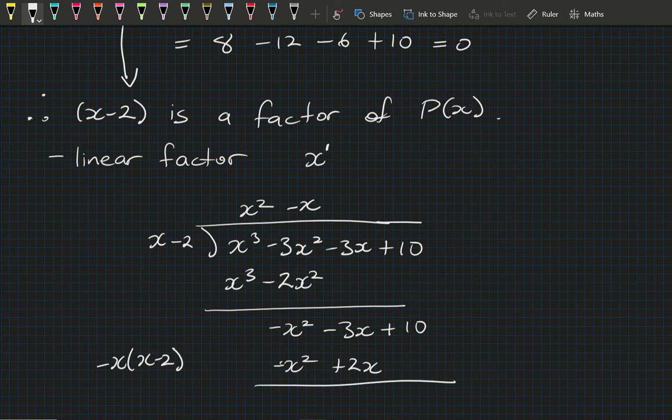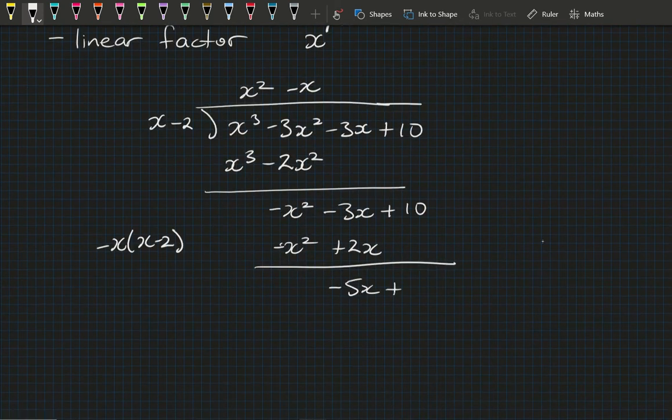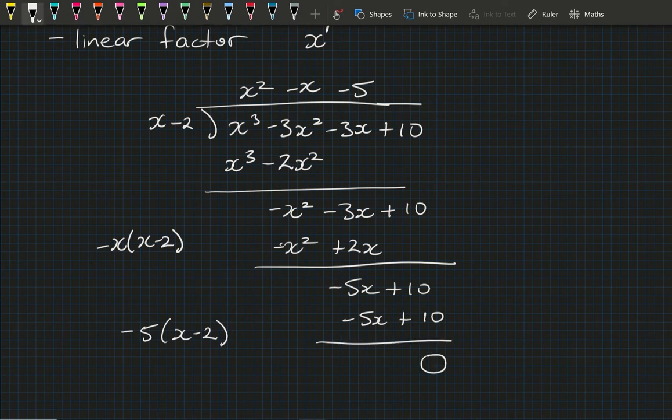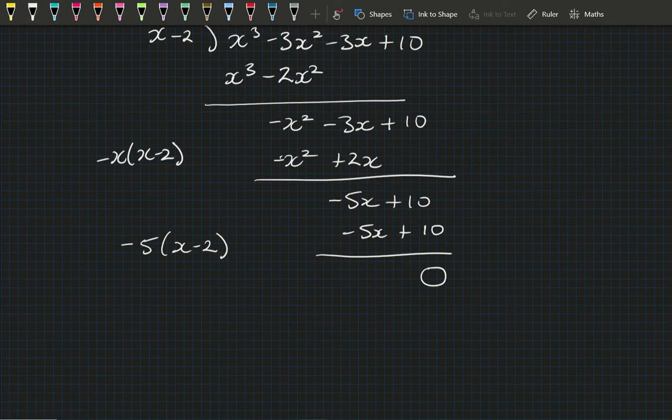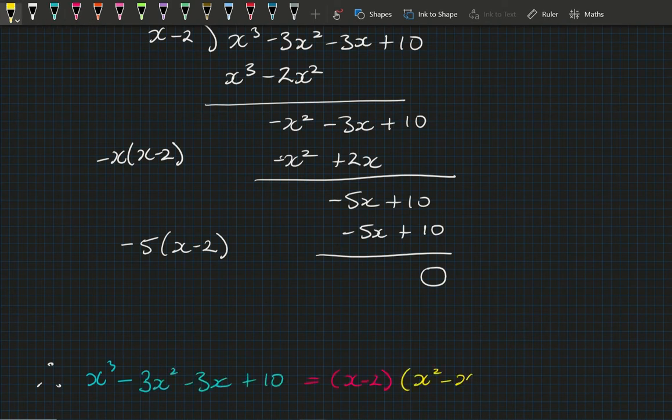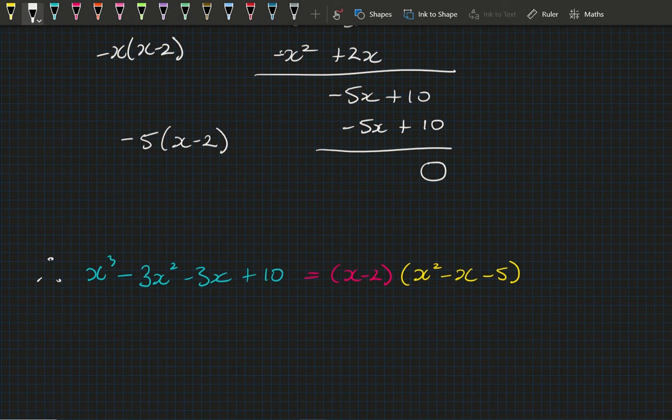So subtract that away, of course the x squareds disappear, minus 3 minus positive 2 is minus 5x plus that 10. So the minus 5 times x minus 2 gives me minus 5x plus 10. Of course, let's put the minus 5 up there. And of course, there's no surprises here. The remainder is 0. So that means our polynomial is equal to that divisor multiplied by the quotient. And of course, you could factor this more if you want to do some quadratics.